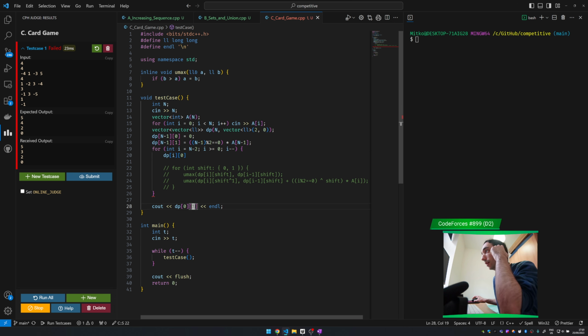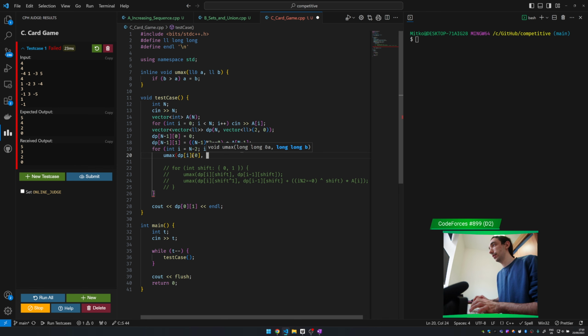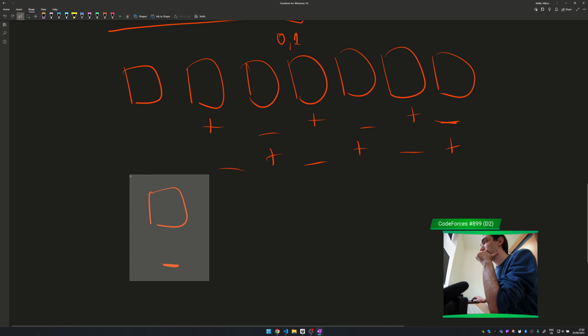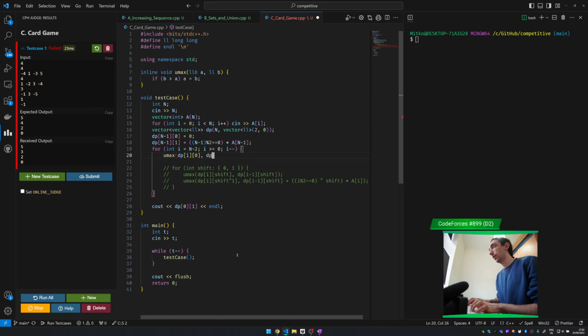Because here it's 1, it means that it's a plus. Let's suppose that this is the case. Then we want to maximize this with the dp of I plus 1, where this is 1.